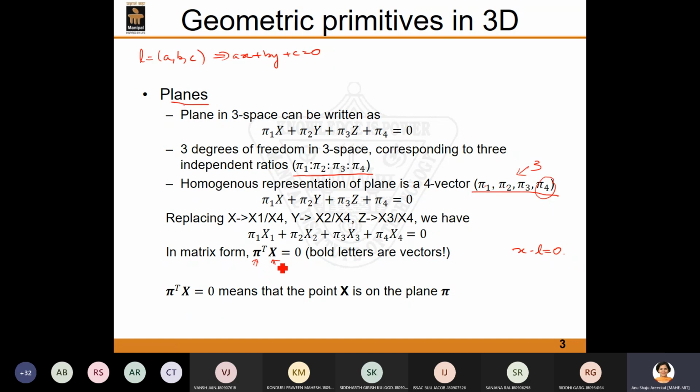If I want to see whether this point X lies on the plane pi, I just compute the dot product of these two vectors, or in matrix form, I can write it as pi transpose X is equal to 0. If this equation is satisfied, then this particular point X lies on the plane pi.